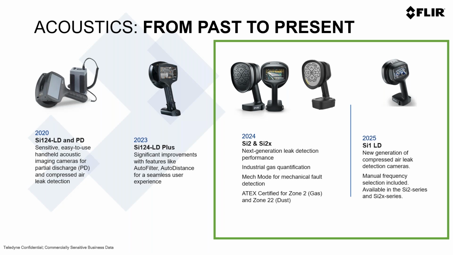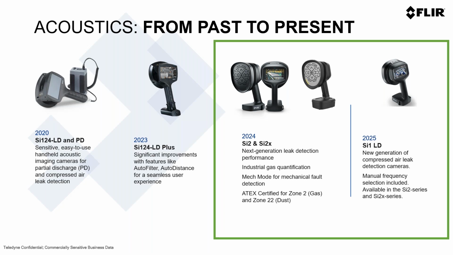Then we have the SI2X for hazardous environments. It's an ATEX certified camera. And then we also have the SI1LD, which is a simplified camera with high-level features that are present in the last generation of our cameras, but focusing only on leak detection.